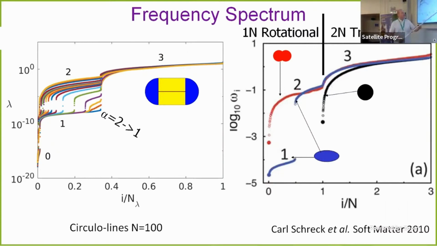Now, if we go to ellipses, we have this little region down here. And this little region down here is interesting because if we push a little bit, they'll go up. If we pull back a little bit, they'll go down. The whole idea behind finding these frequencies is that we think that the potential energy looks like a parabola. If the potential energy looks like a parabola, then I shouldn't care what the pressure is.